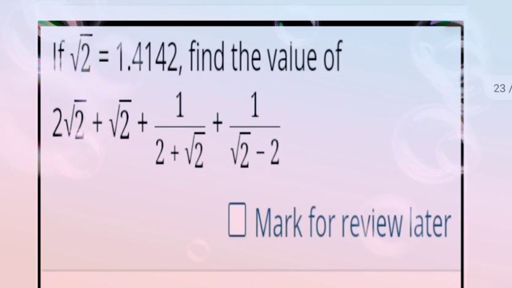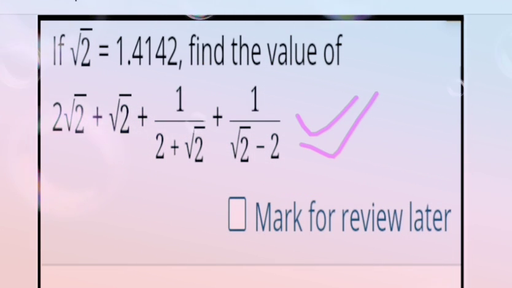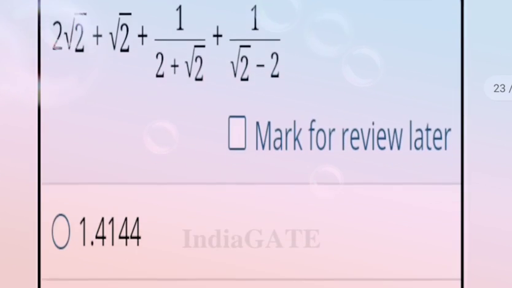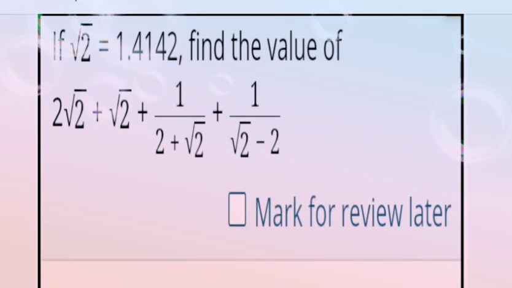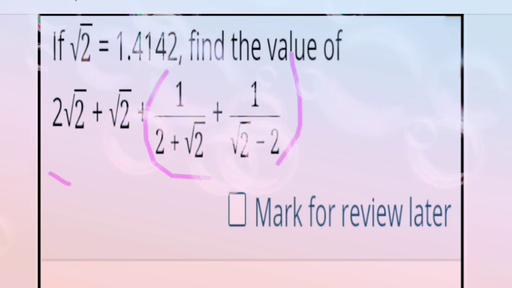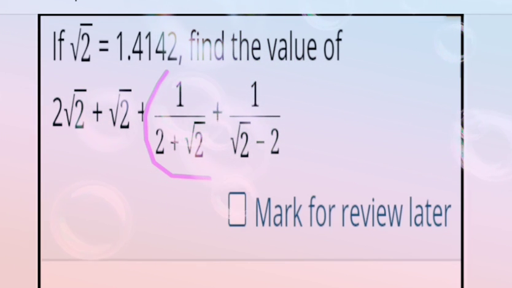If under root 2 is equal to 1.4142, find the value of this equation. It comes from simplification, which is very easy. Firstly, we solve this equation, and after solving, we get the correct answer for this question, option B, that is 2.8284.